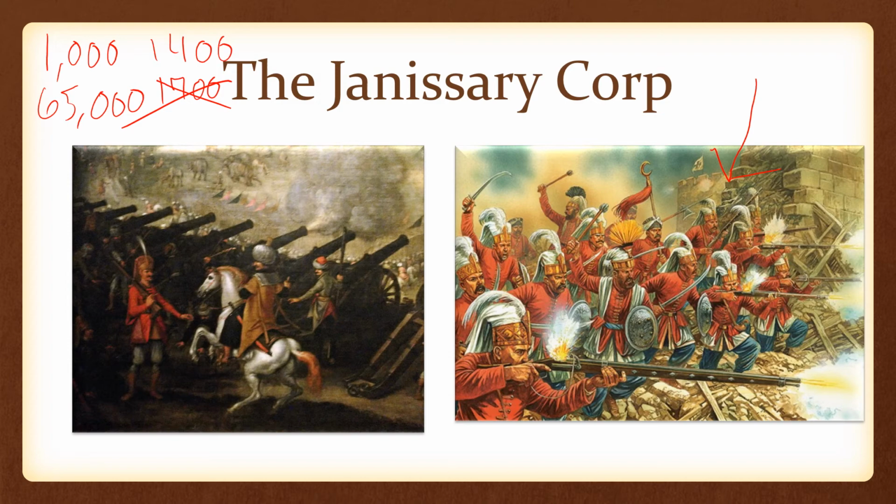And by the late 1700s, the Janissary Corps had diminished in capability because, one, they refused to change. They refused to let other parts of the Ottoman army use the same weapons they were using. And then they also began to control politics and didn't let the Ottoman Empire adjust to the time period that was the 1700s.